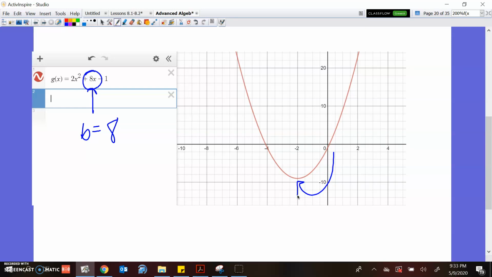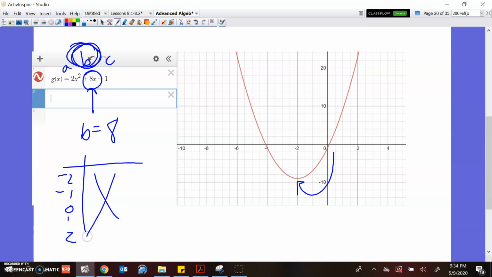So the problem we run into is when we have an a, a b, and a c, most particularly when we have a b value, we can't just make a table like this because these numbers aren't going to be symmetric. Sometimes you'll make a table and you'll go to graph it, and all it will give you is points that look like this, which hardly look like a parabola. And then you don't know how far it goes. It doesn't give you enough of the picture.